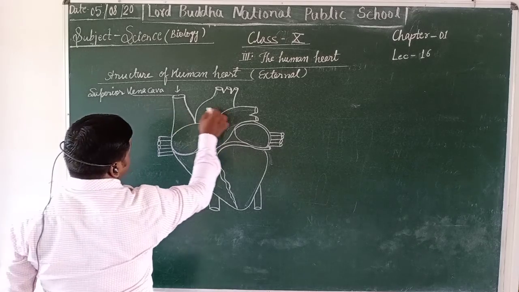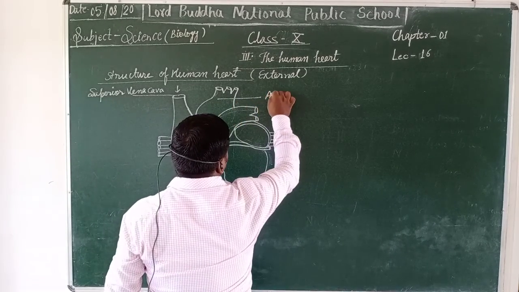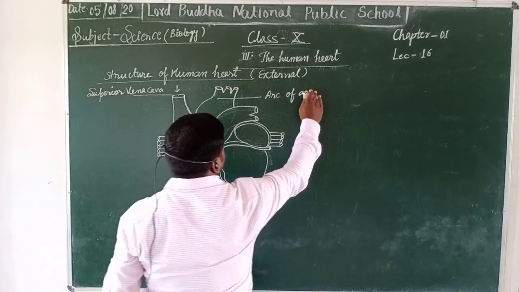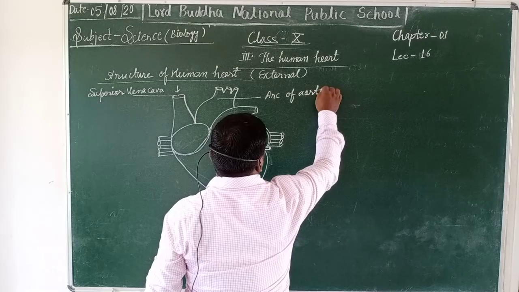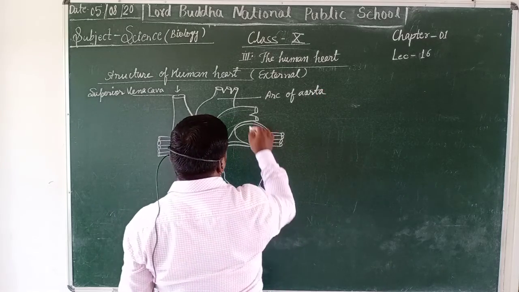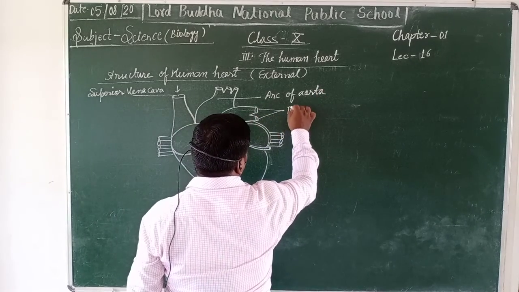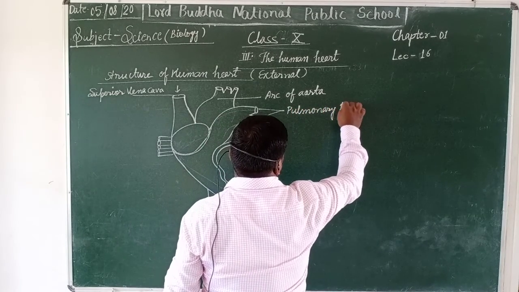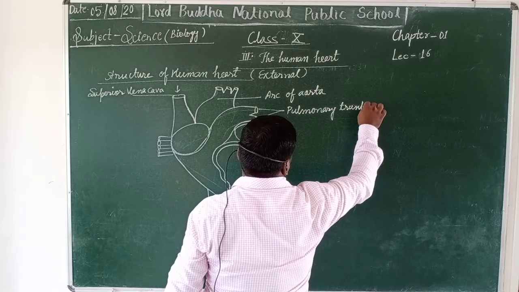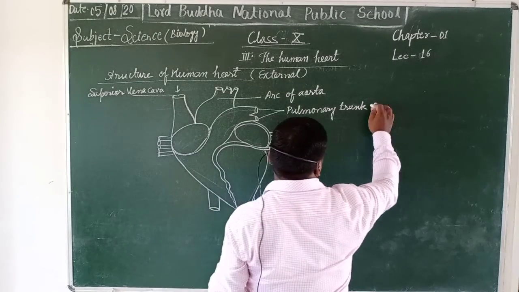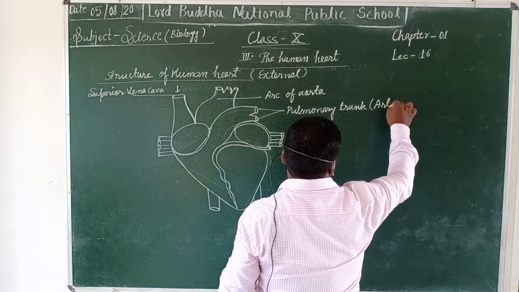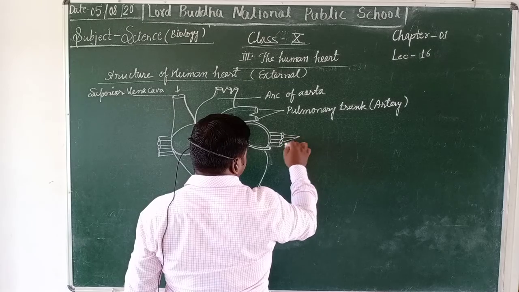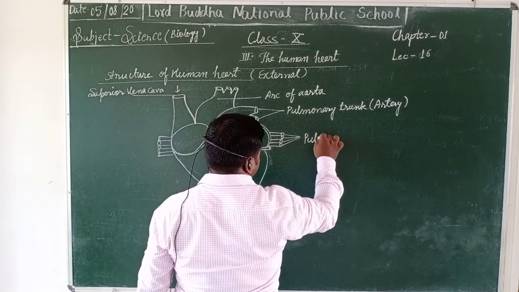Now this is the arch of aorta. Aorta, pulmonary trunk of arteries, pulmonary veins.